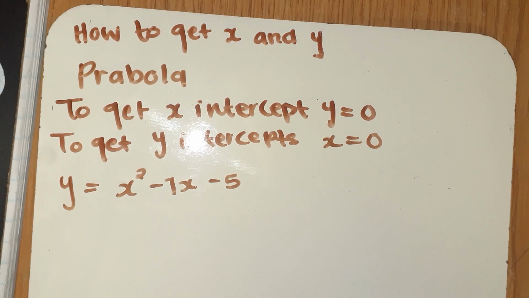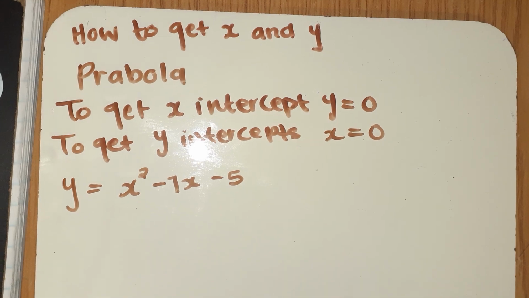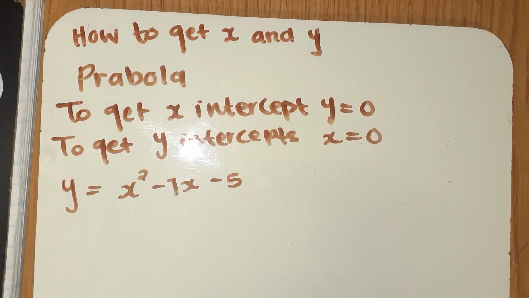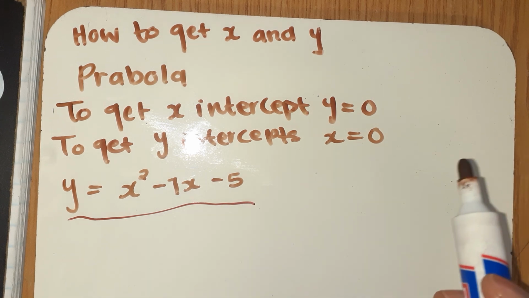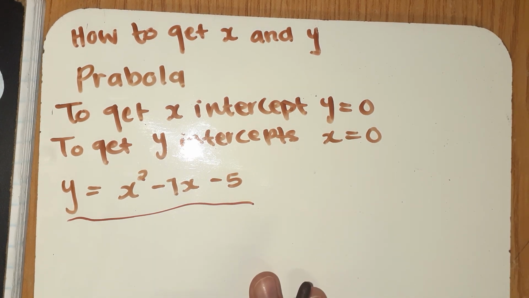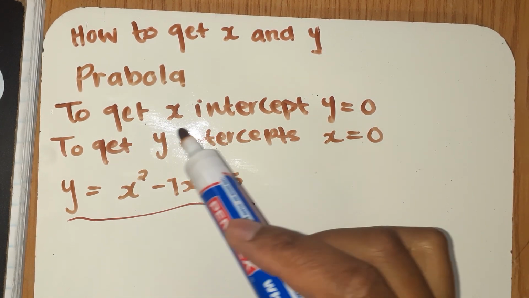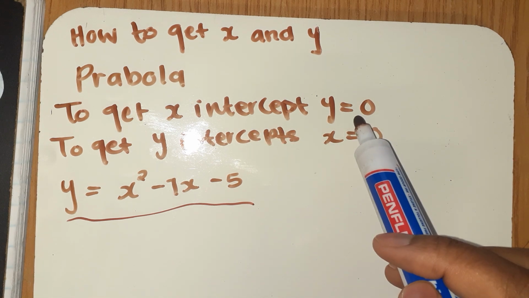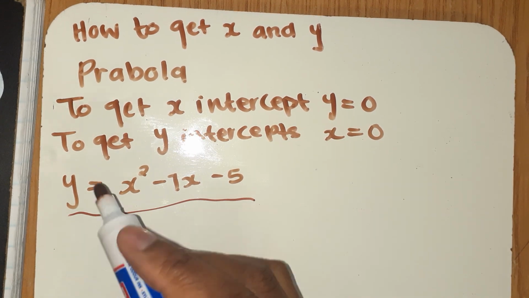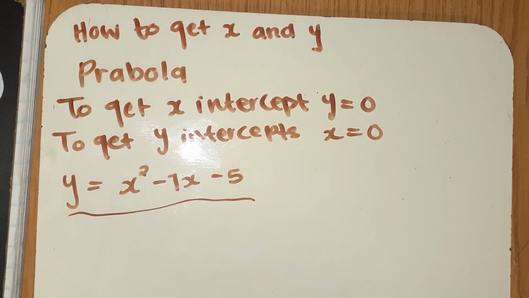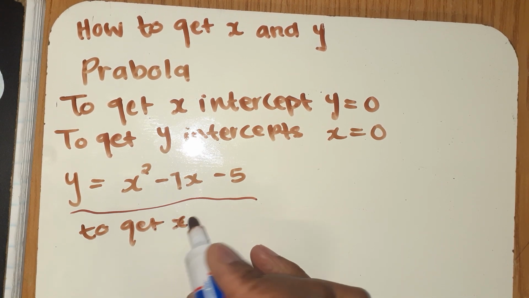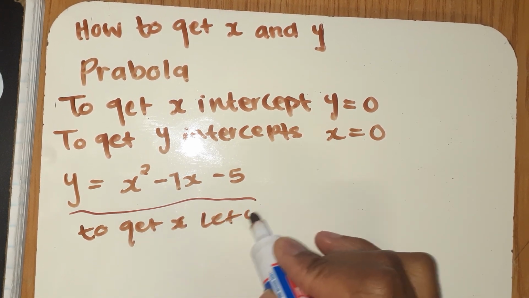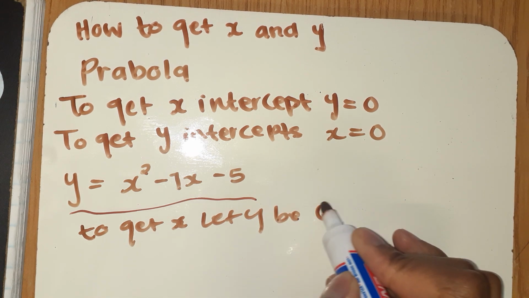So let's look at how to get the x and y intercepts. We're going to deal with a parabola here. We are given this quadratic equation. It's also a parabola, so I will show you different kinds. Now, to get the x intercept, y goes to 0. So here, let's get x. To get x, let y be 0.